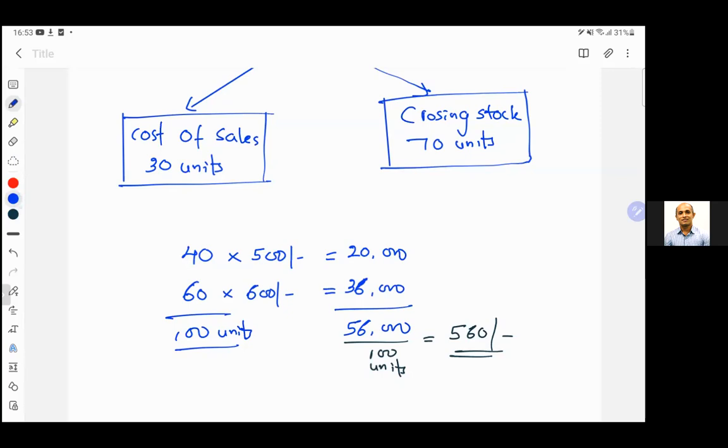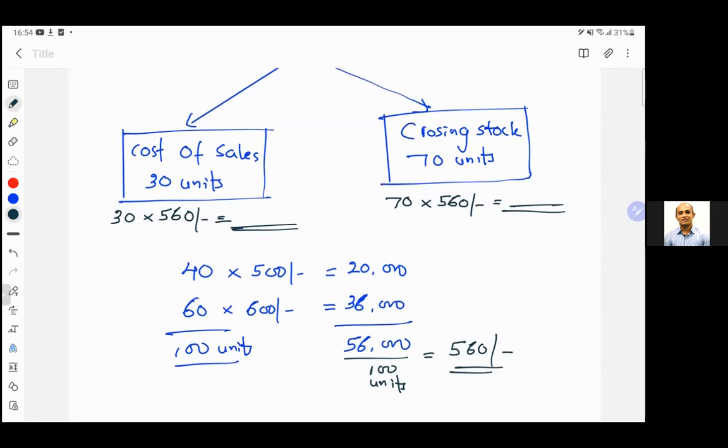Cost of sales is 30 units multiplied by the weighted average price. Closing stock is 70 units multiplied by the weighted average price.